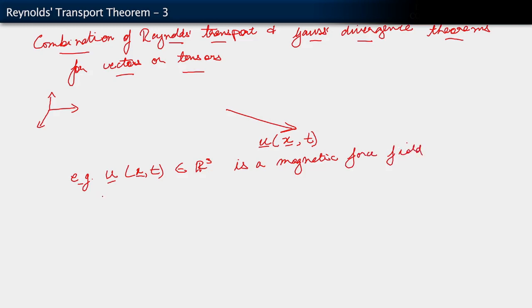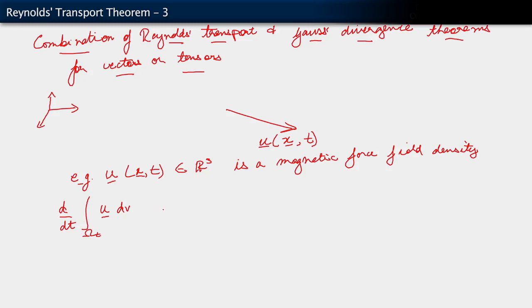And then of course the question we want to ask is, how do we think of this quantity, d dt integral over omega t of u dv? So we want to integrate, maybe it's a magnetic force field per unit volume, a magnetic force field density. Something like that. All right, we want to know what this quantity is.